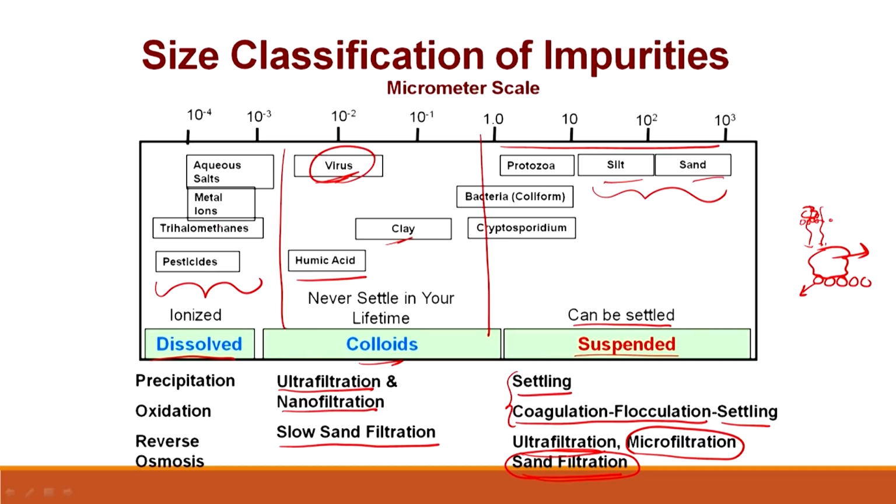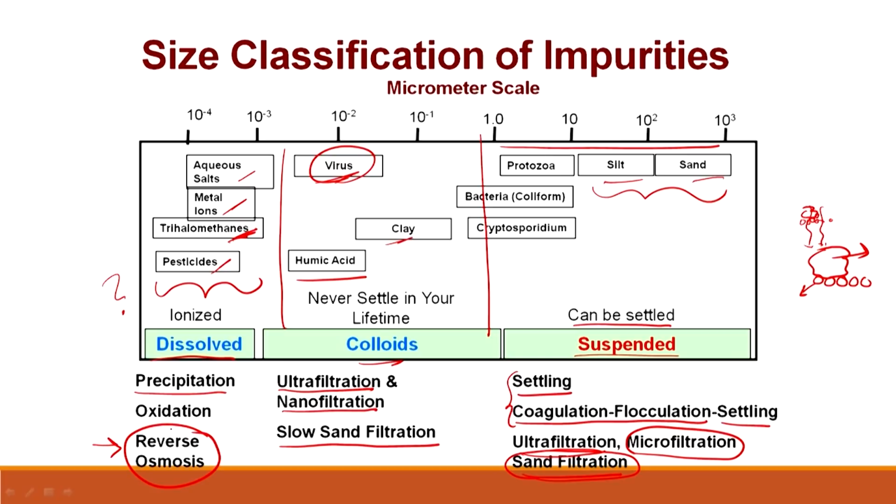But with respect to dissolved substances, such as trihalomethanes, which are disinfection byproducts, metals, salts or pesticides, how do you remove them? If you think this is present in your source of water, you need to look at precipitation, but you can't do that in home water treatment units. There typically we look at reverse osmosis.